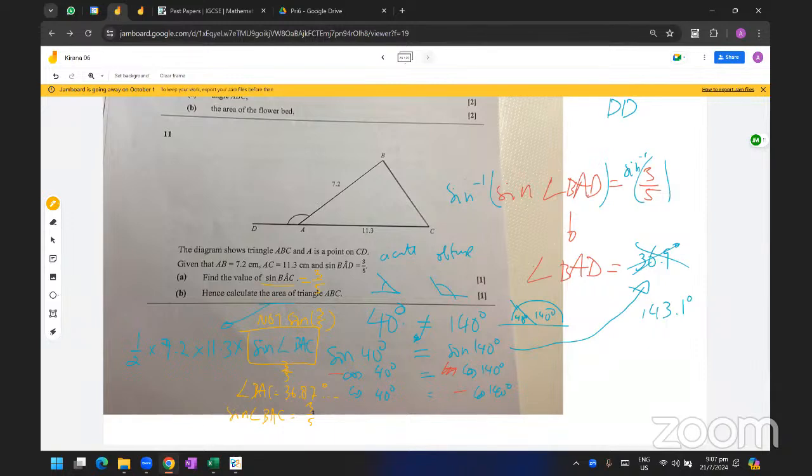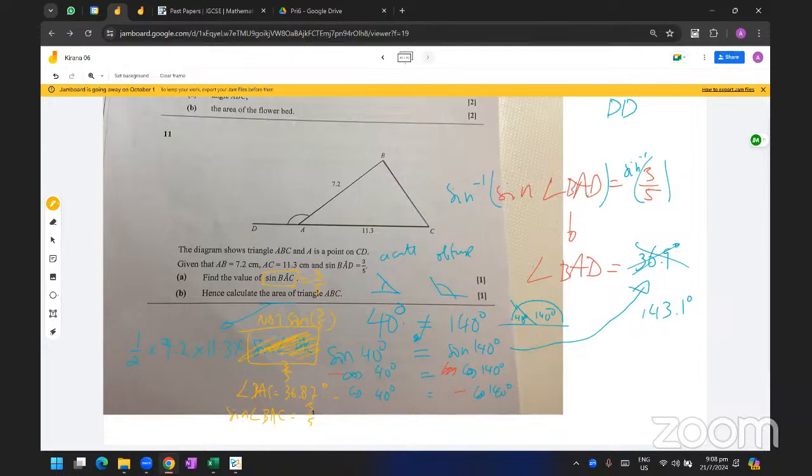So it's sine inverse of 3/5. Oh, man. On top, they ask you sine BAC. You answer 3/5. You are correct. And here, sine BAC is 3/5. So in the formula of the area, you need sine BAC.